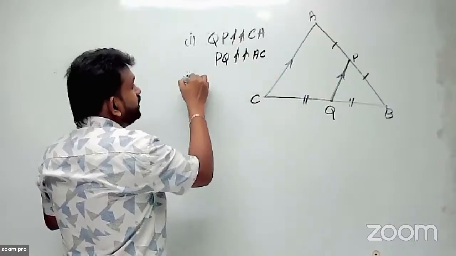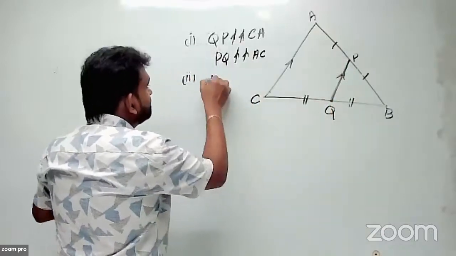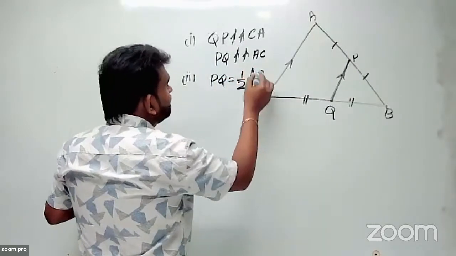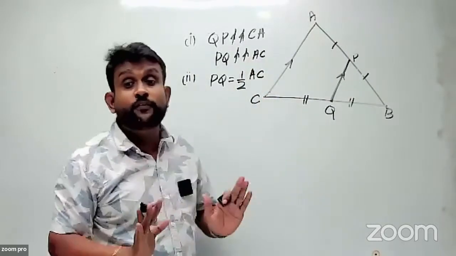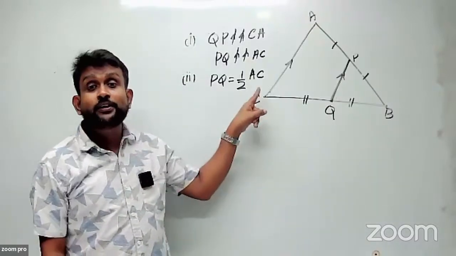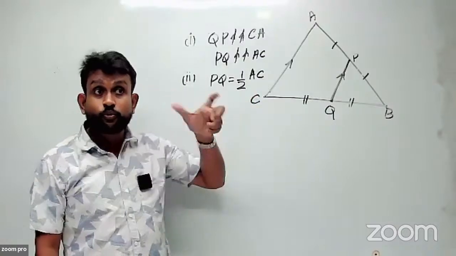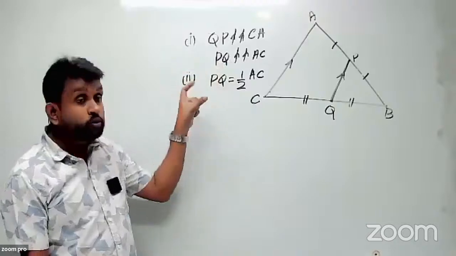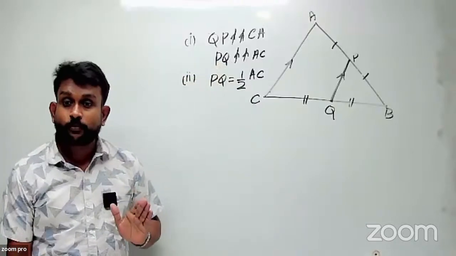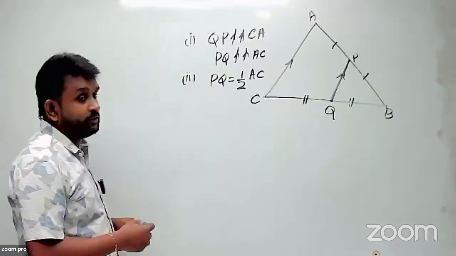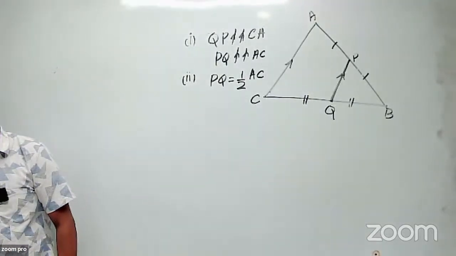The second relationship: PQ is equal to half of the AC length. So PQ equals half of AC, or otherwise, 2PQ equals AC. These are the outcomes of the midpoint theorem. Remember that one. Now we are moving to the next question.